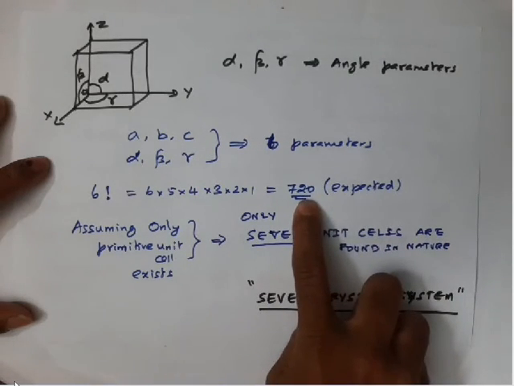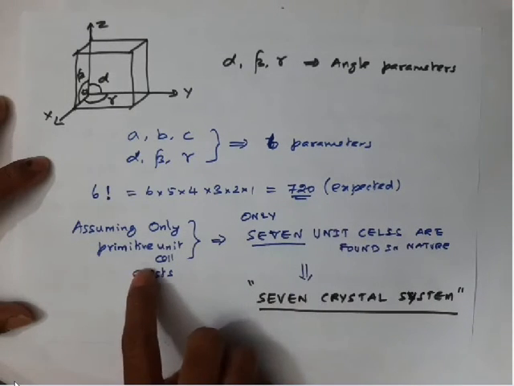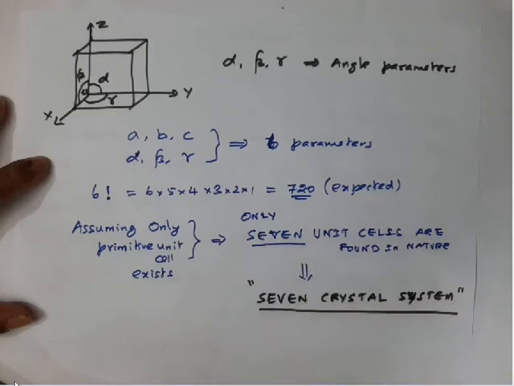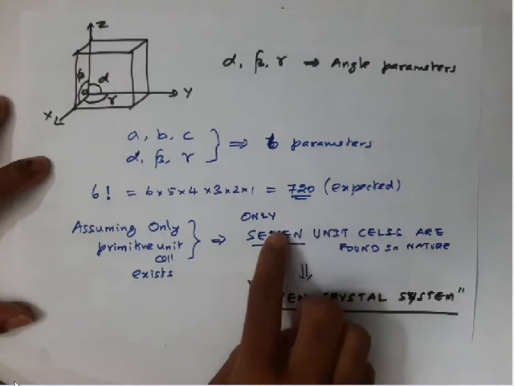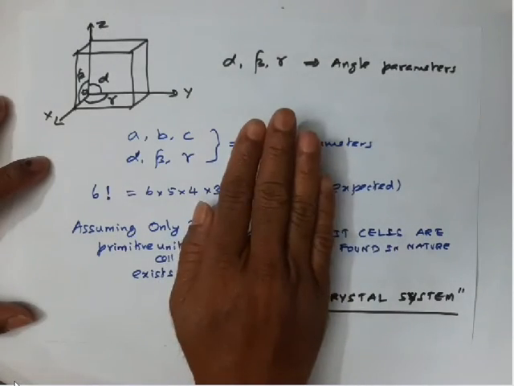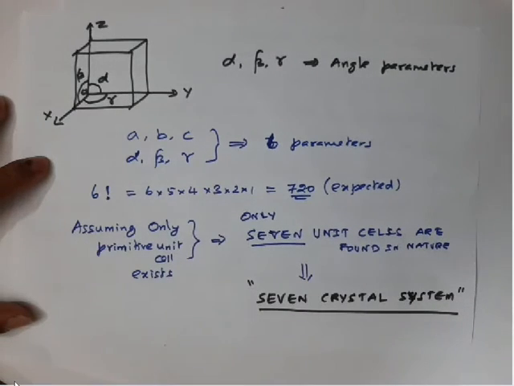Expected is 720, but out of these 720, I told you in the last class that only 7 of them exist, by assuming the unit cells are primitive unit cells.